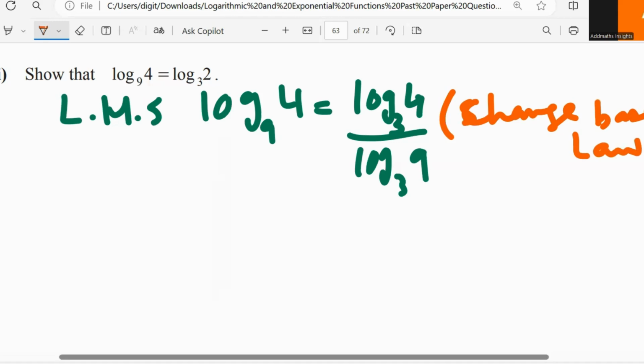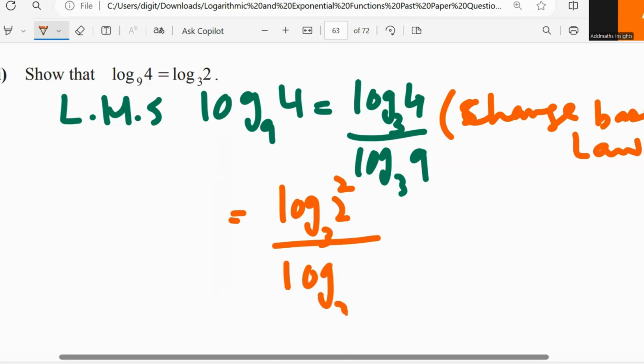Then further you can write it as log 3 of 2 squared over log 3 of 9, and 9 can be expressed as 3 squared.